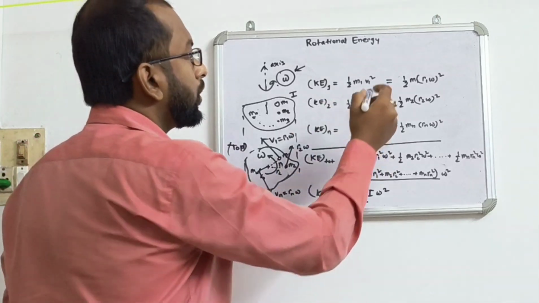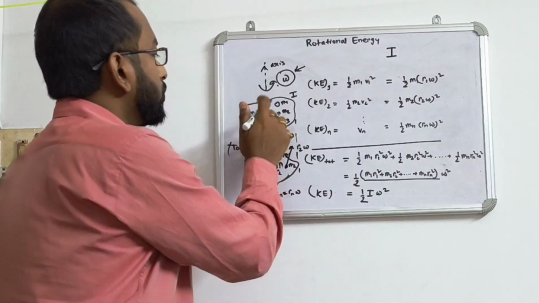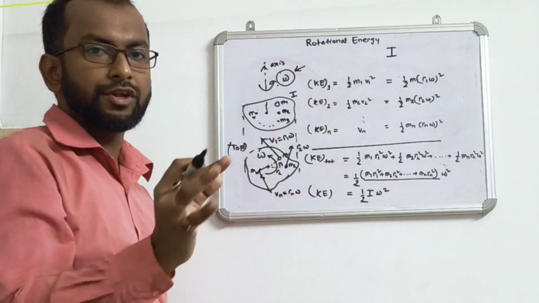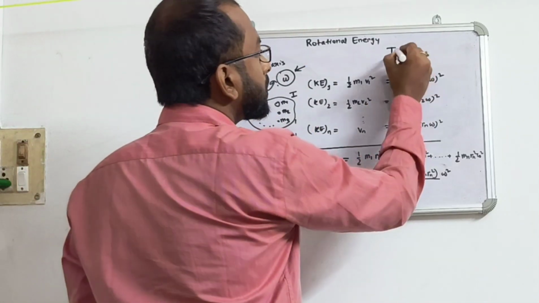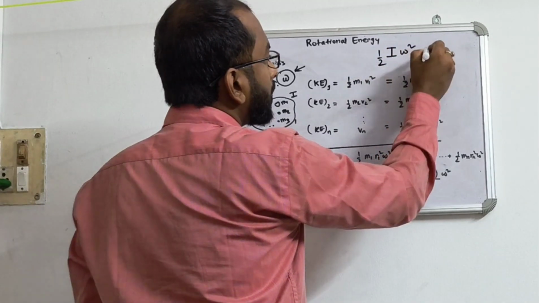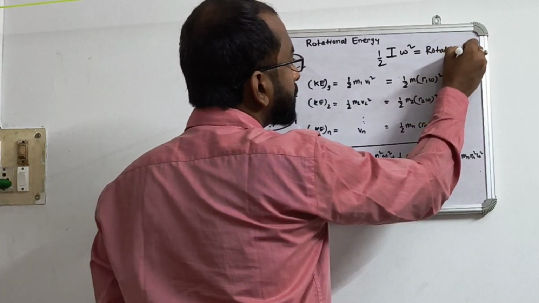So if one body is having moment of inertia of I with respect to this axis of rotation and it is rotating with angular velocity of omega, we'll call half I omega square the rotational energy for that particular body.